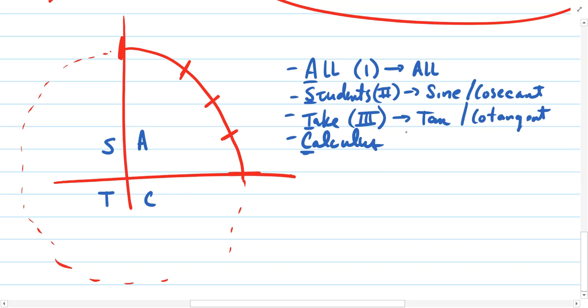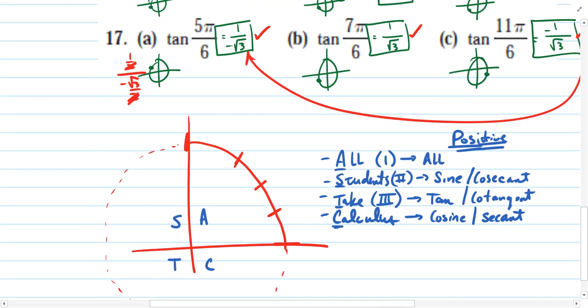And the phrase calculus, for cosine and secant, those values are positive. So where are trig functions positive? Well, again, recall the phrase all students take calculus, and that'll help you recognize that.